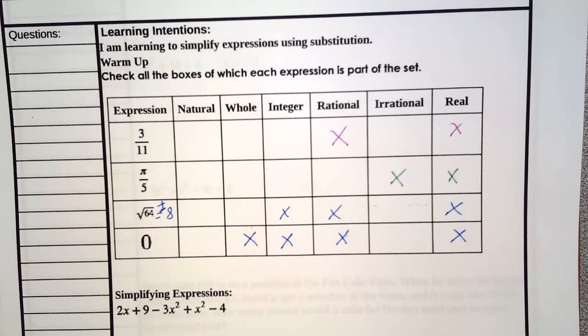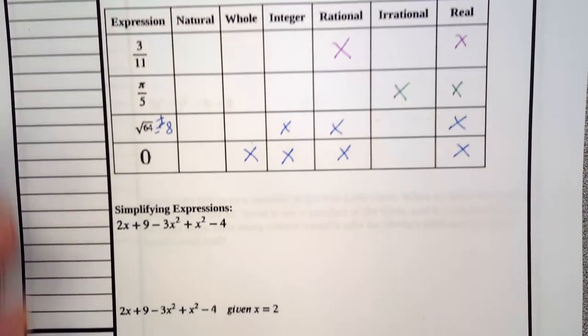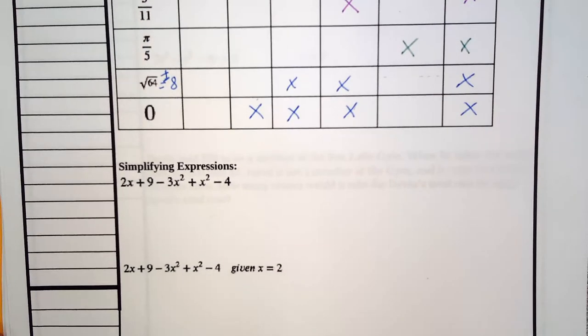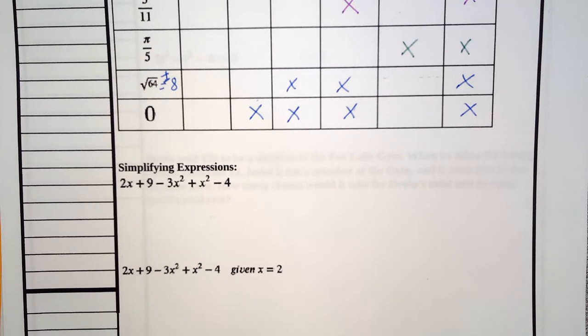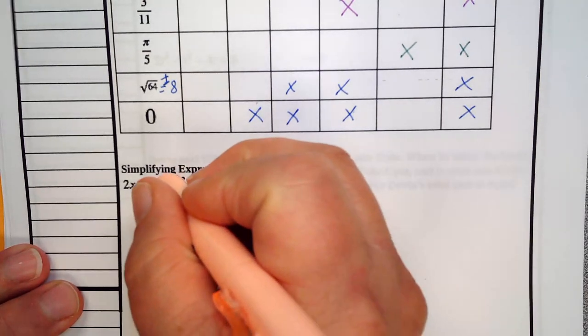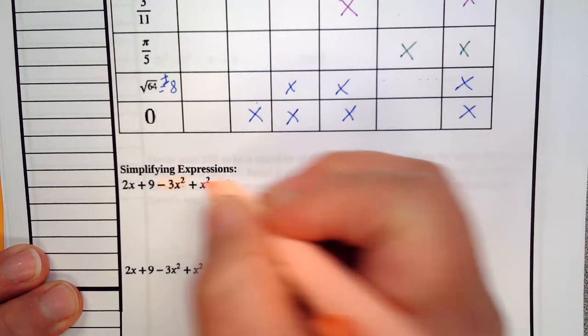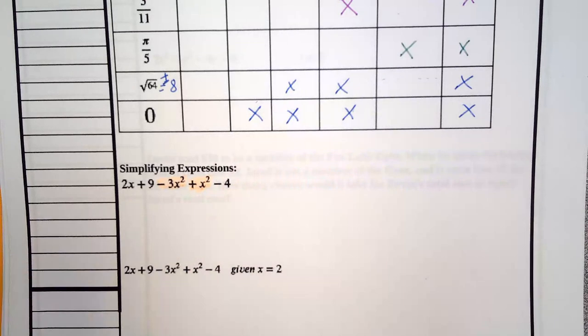Okay, so let's look at simplifying expressions. The first one is just kind of a review of what we've already been doing. As I'm looking at this, I've got negative 3x squared plus x squared.